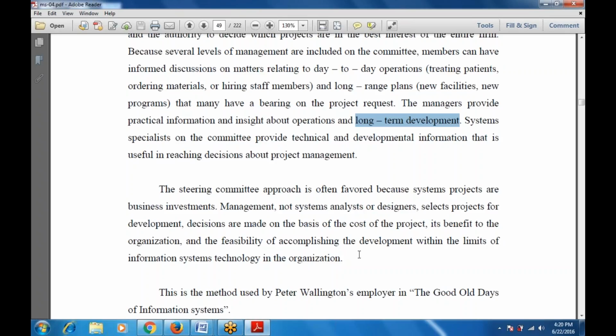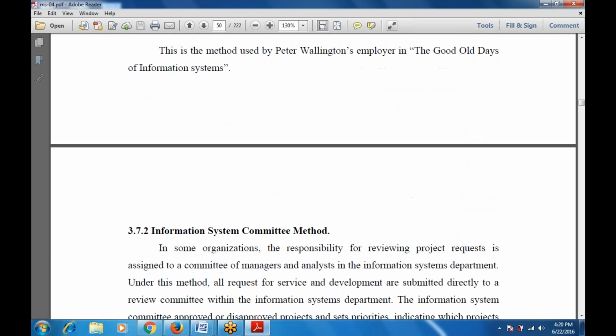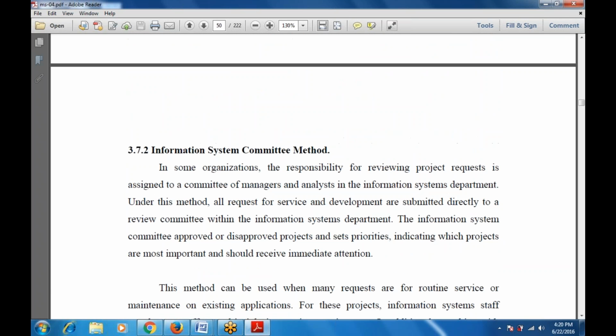So the steering committee method is very fruitful and beneficial to the organization. And the feasibility analysis, accomplishing the development within the limits of the information system, is also used in the organization. This is the method that was used in the golden days of the information system, which are still remembered.